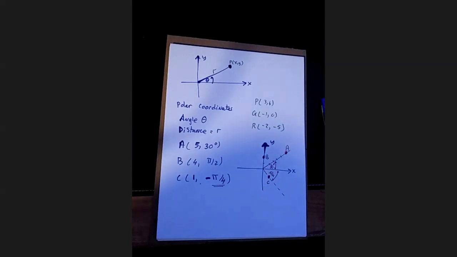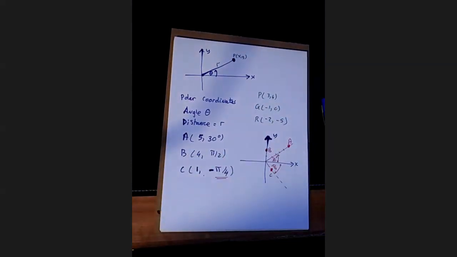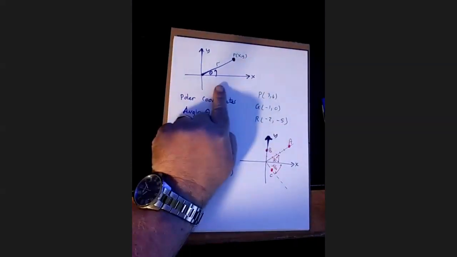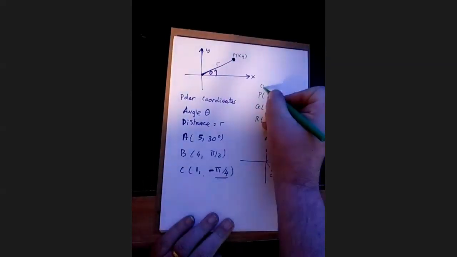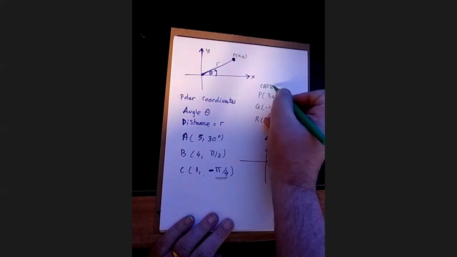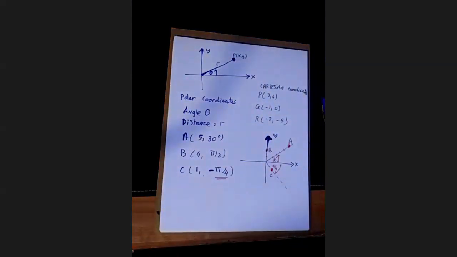So let me add a little sting in the tail here. When you do these guys up here, they're called Cartesian. They have an obvious property.